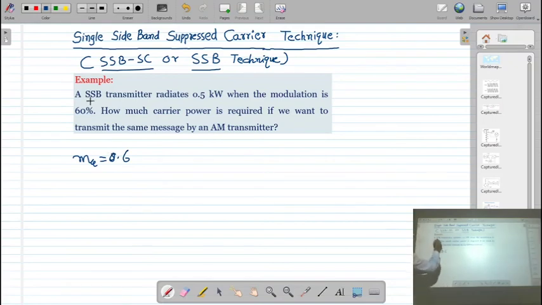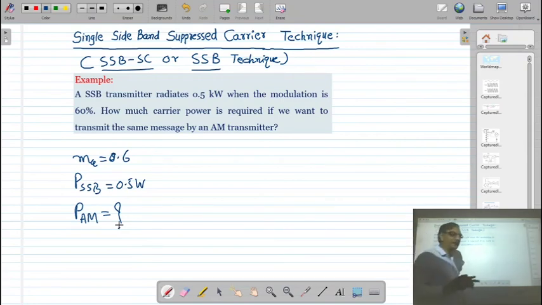Remember, the power of the SSB transmitter is given. PSSB is 0.5 kilowatt. Correct? Now if you want to transmit the same message by an AM transmitter, so here you have to find out PAM. Correct? And for that we have to calculate first of all the carrier power.